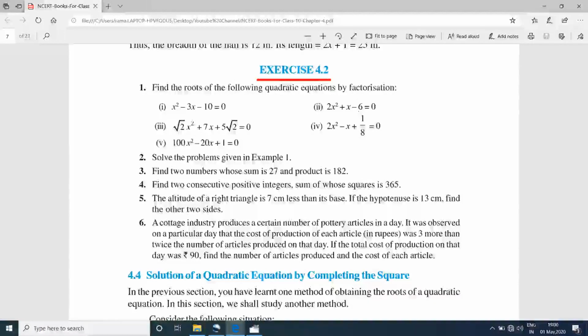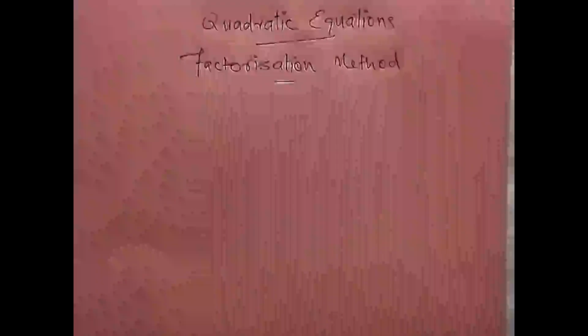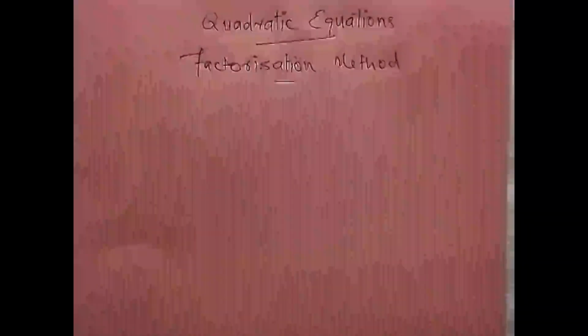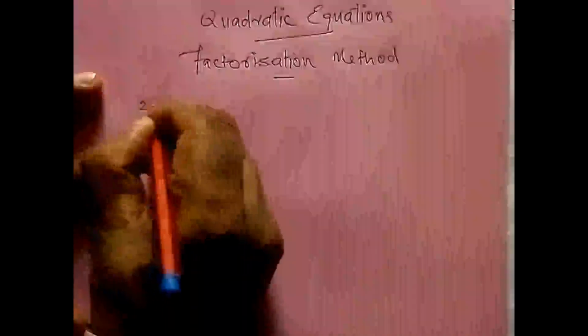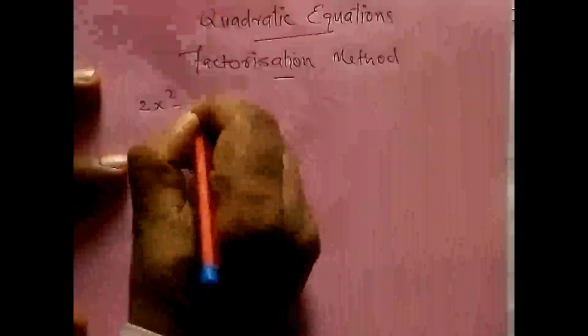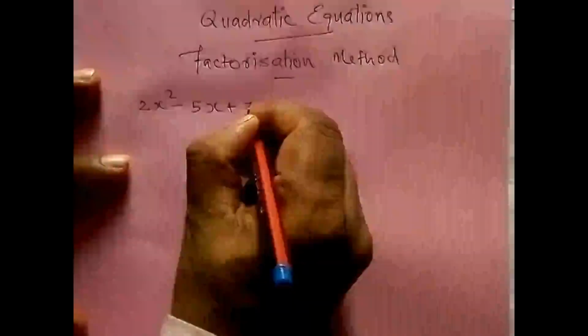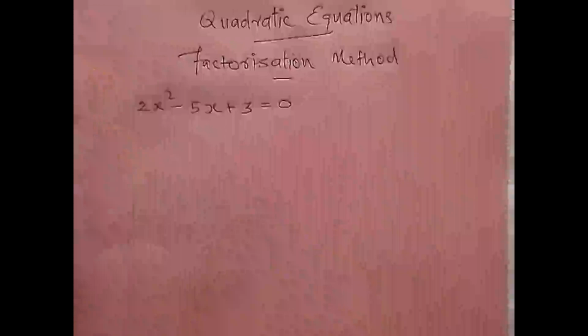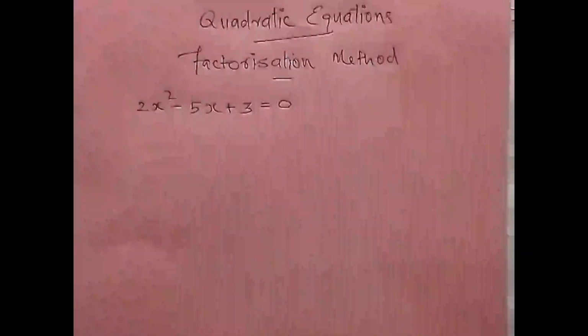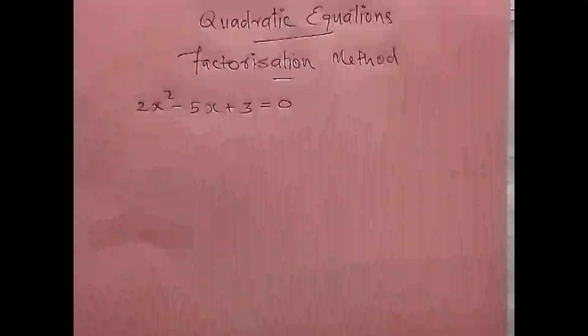of the quadratic equation. So what is the factorization method? In the factorization method, suppose we have a quadratic equation, say 2x square minus 5x plus 3 equal to 0. Suppose this is the quadratic equation for which we have to find the roots.